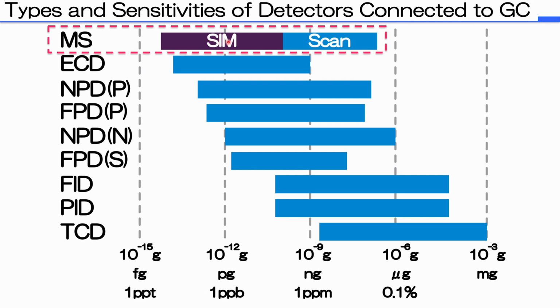SIM is a more specific method for quantitative analysis, and SCAN is for both qualitative and quantitative analysis. Each of the detectors lined up here has its own characteristics, but I cannot explain all the detectors listed here because of time limitation. So I will focus on the MS detector, which is the main one used for VOC measurement.